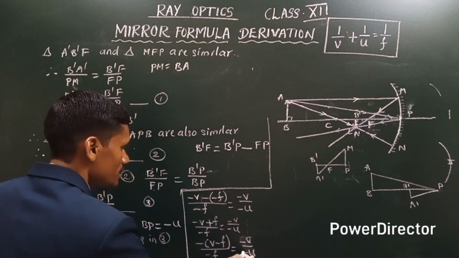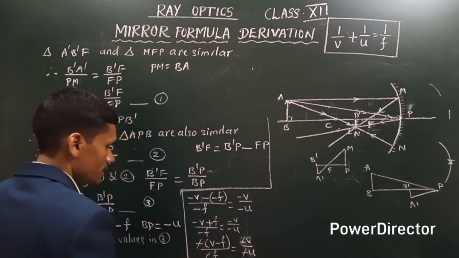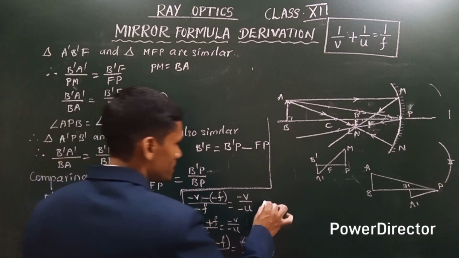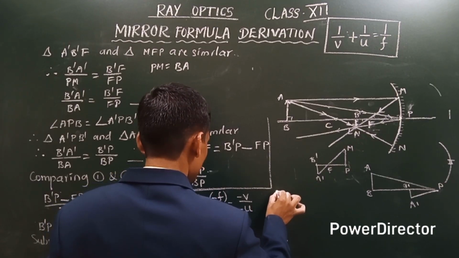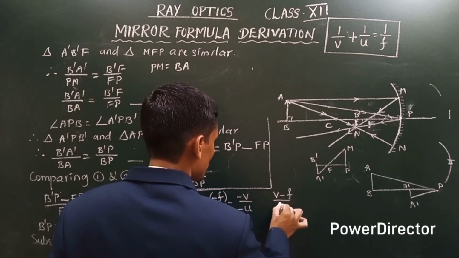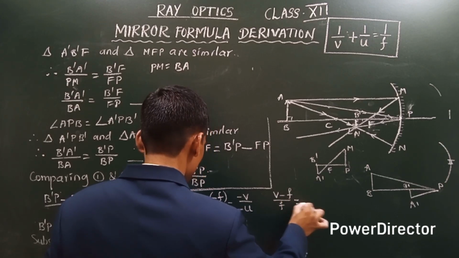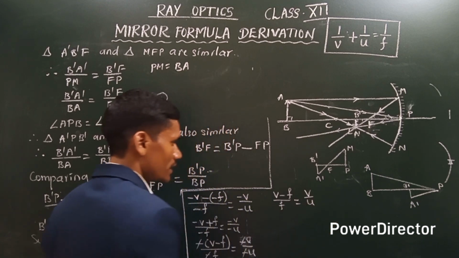These minus signs get cancelled. So what remains here is v minus f divided by f is equal to v by u, we are getting, right?